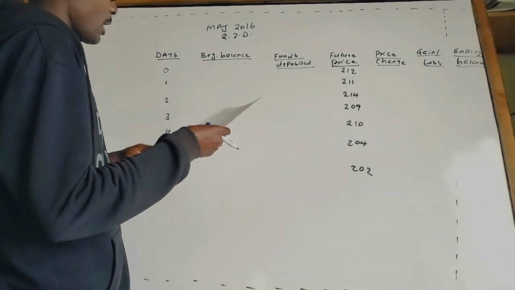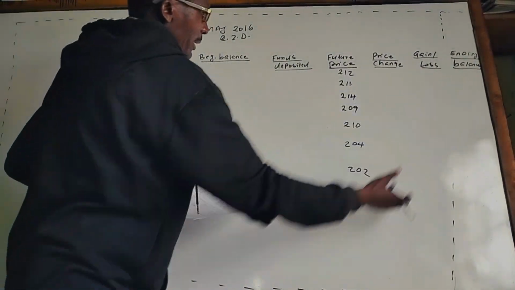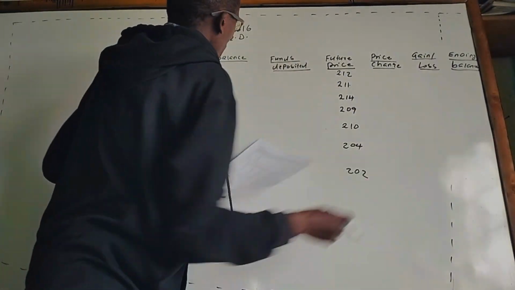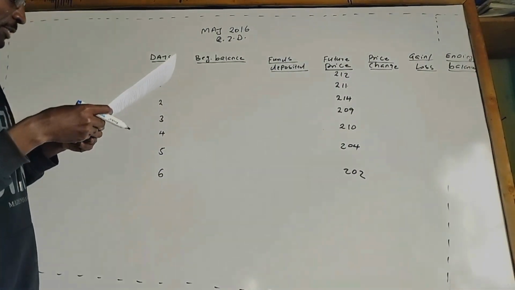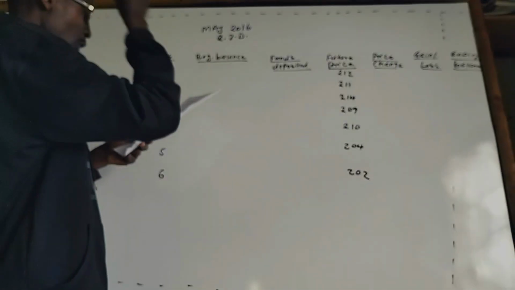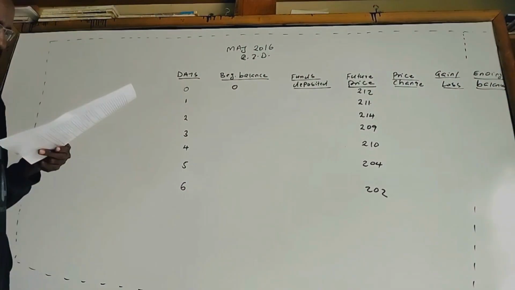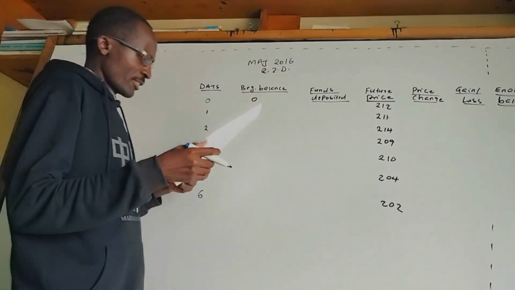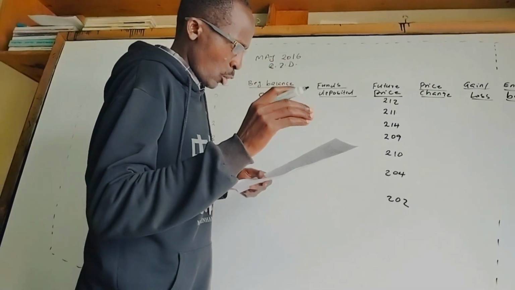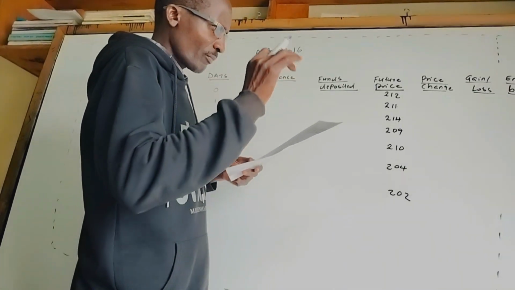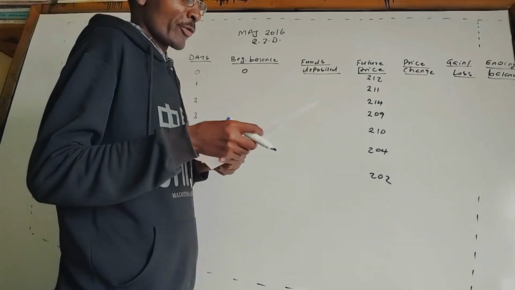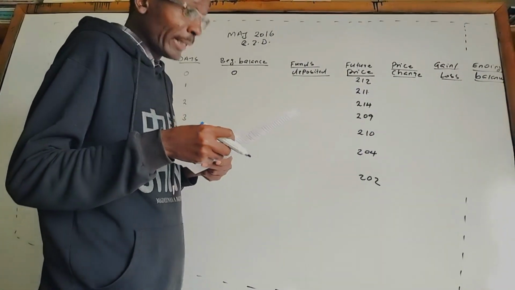Now from there, how do we fill this table? What is remaining? We want to see how to fill the remaining gaps. Now the beginning balance, remember, is 0. When we are starting, the beginning balance is 0. Now the funds deposited: you are told that the initial margin requirement is shillings 10.